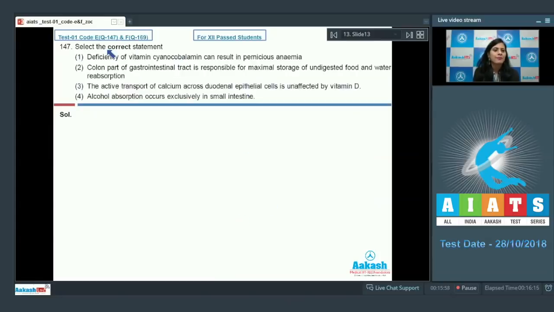Question number 147. Select the correct statement. And the very first statement given is deficiency of vitamin cyanocobalamin can result in pernicious anemia.